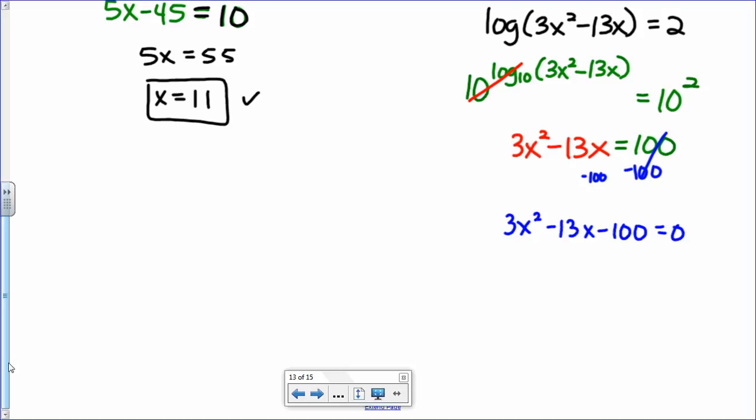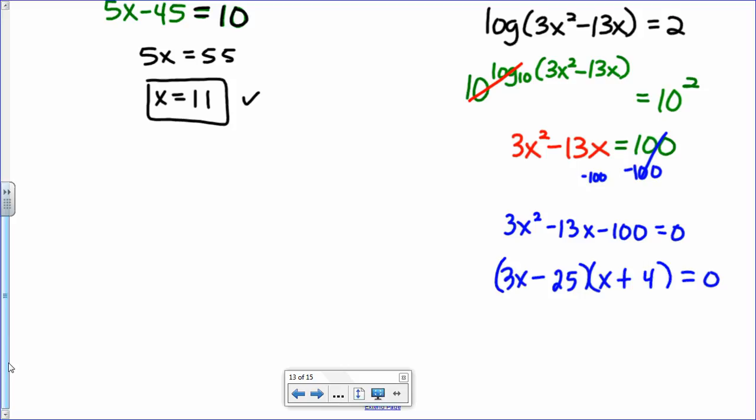Okay, so now I factor or use the quadratic formula. This does factor. I'm going to use 25 and 4. And it's minus, plus. So my outer is 12x.